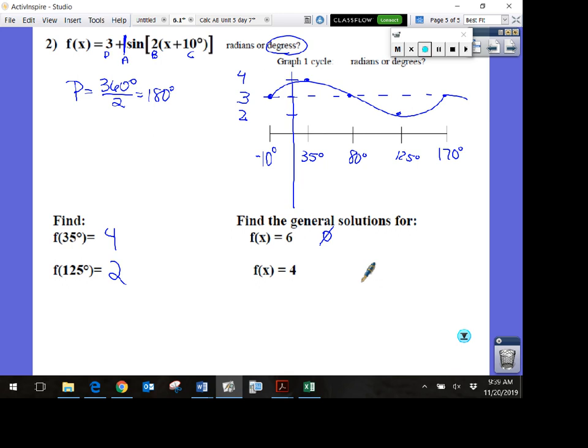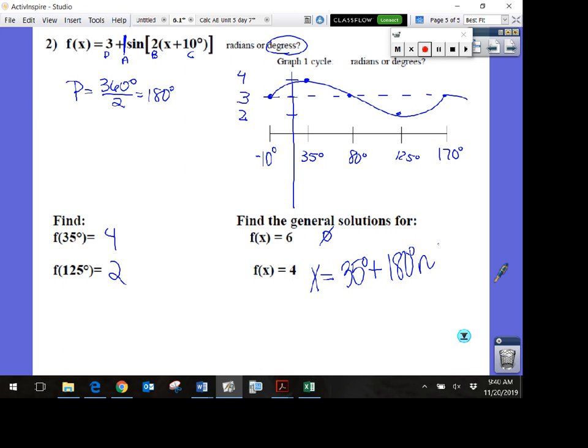Very good. F of x equals 4. That does happen. In one cycle, it happens once. So we only need one general solution. X equals the value where that happens. That's at 35 degrees, plus the period. The period we found already to be 180 degrees, n.